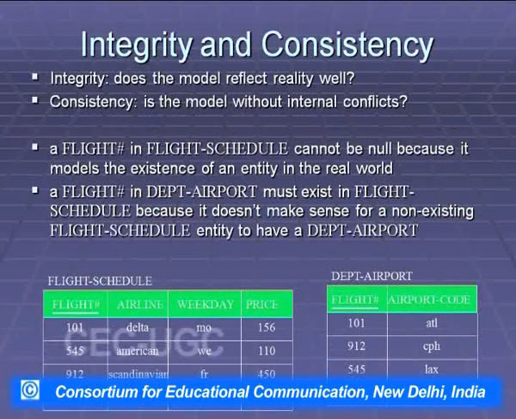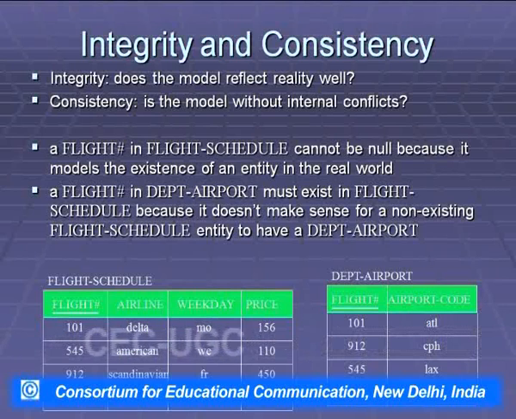Integrity and consistency. Integrity: does the model reflect reality well? Consistency: is the model without internal conflicts? A flight in a flight schedule can't be null because it models the existence of an entity in the real world.